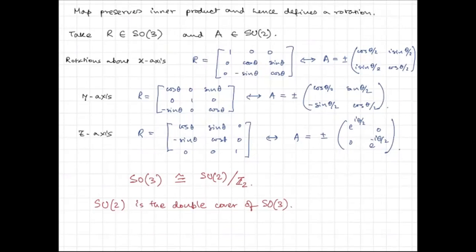So these are fermions. Fermions like electrons, which are all around you, actually transform, when you're thinking about rotations, not in the SO3 but in the SU2.